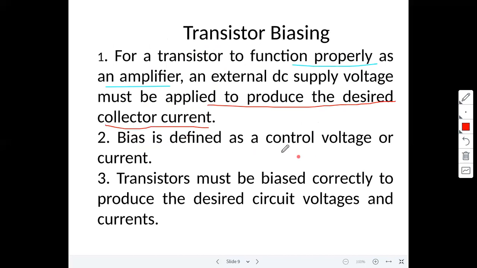Bias is defined as a control voltage or current. These are the different ways of defining bias. It is nothing but applying a control voltage or controlled current. The transistor must be biased correctly to produce the desired circuit voltages and currents.